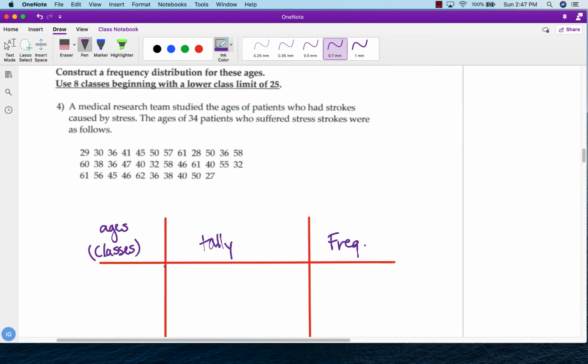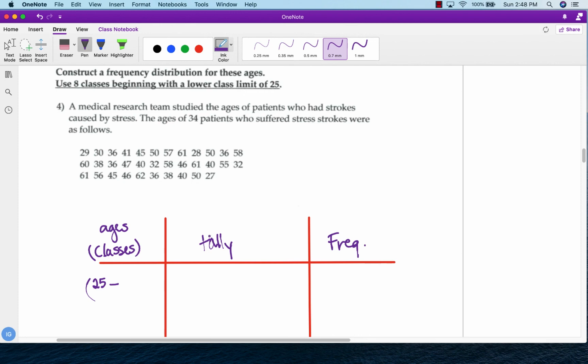So we need to figure out the classes. They don't give you the classes in this case. All we know is that it has to be 8 different classes, and normally you have them in order, and the lower class limit is 25. So this has to be 25 to something. And then the next one, but they don't give you this, okay?